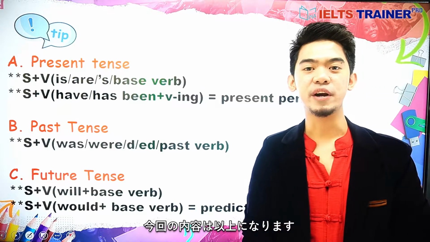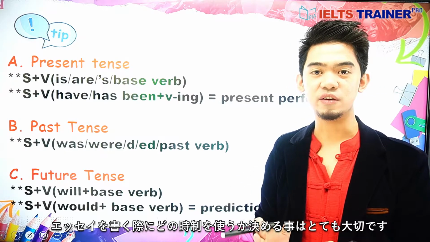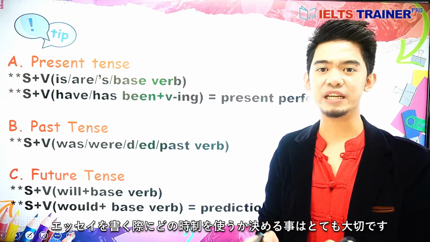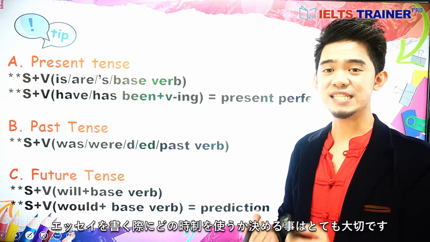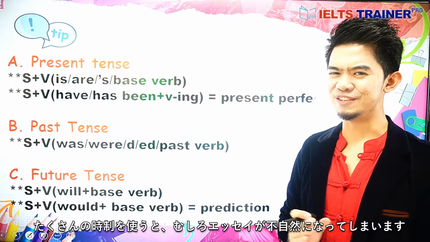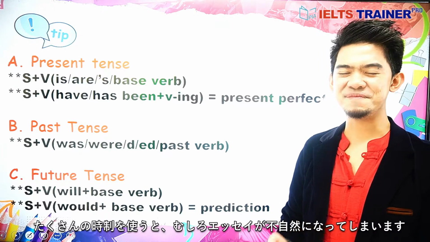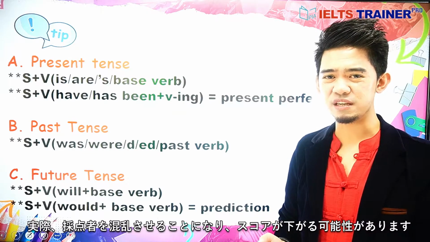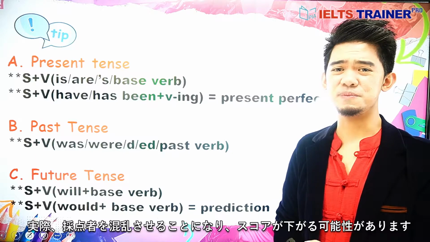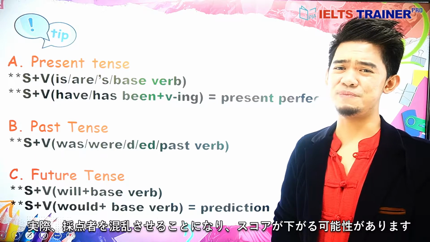It's very important that we decide which kind of tense we should use whenever we are going to present our sentences. Showing off, like using a lot of it, would not make your essay natural. Well, in fact, it would be confusing for your reader, and it's possible that you would get a lower band score.